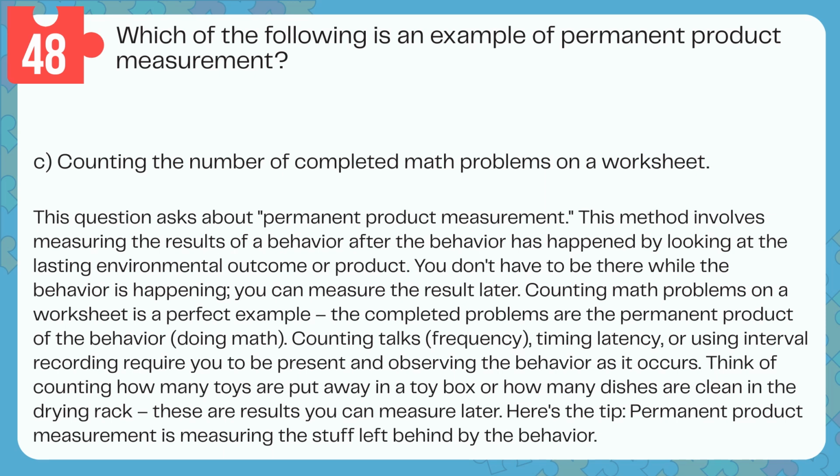Counting talks, frequency, timing latency, or using interval recording require you to be present and observing the behavior as it occurs. Think of counting how many toys are put away in a toy box or how many dishes are clean in the drying rack. These are results you can measure later. Here's the tip. Permanent product measurement is measuring the stuff left behind by the behavior.